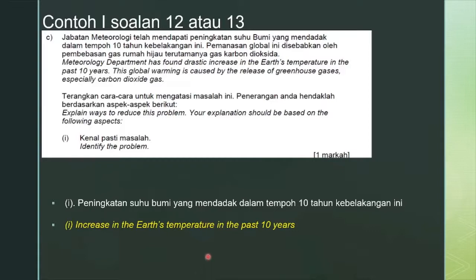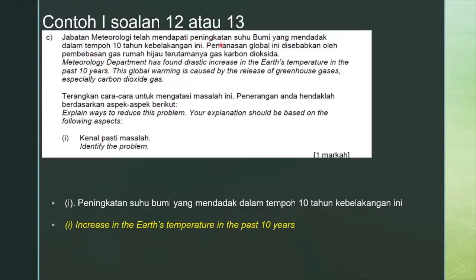Dan, anak murid sekalian, apabila kita melihat jawapan ini, when we look at the answers, kita telah tahu bahawa jawapan ini sebenarnya kita boleh dapat dari soalan itu sendiri. Dalam soalan ada menyatakan bahawa peningkatan suhu bumi yang mendadak dalam tempoh 10 tahun kebelakangan ini.